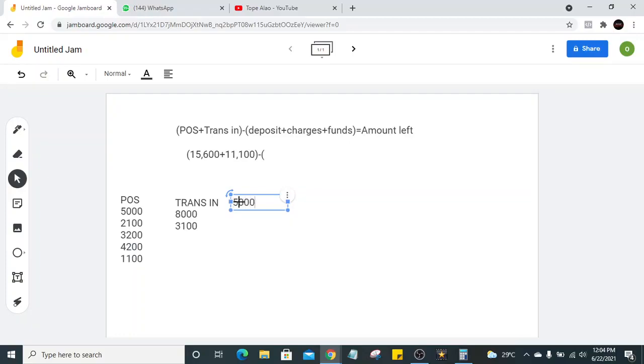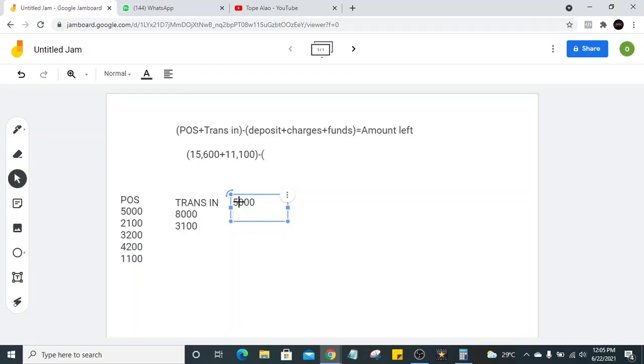So in this case too, you are going to write the exact amount the customer wants to transfer. Let's say the customer wants to transfer 5,000 and gives you 100 naira as charges. In the case of transfer, it is the amount you punch on the POS or on your app that you will put here. That is the amount you transfer. So that means you transfer 5,000 to the kid in school.